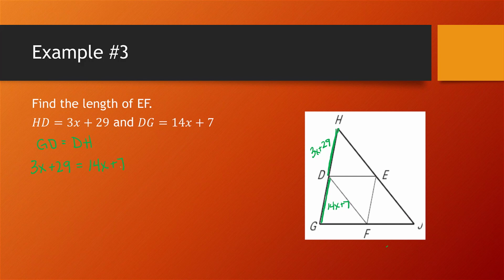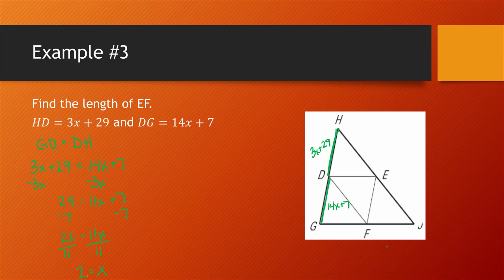Now solve for x. Move my 3x over. Subtract 7 from each side. And then divide. So we have x equals 2.